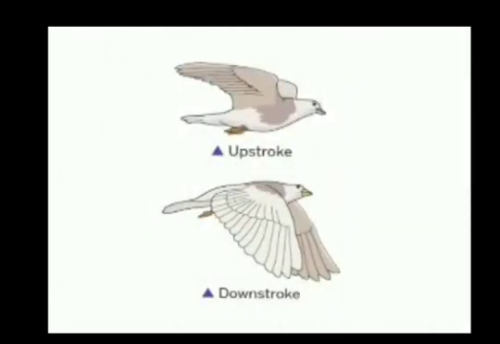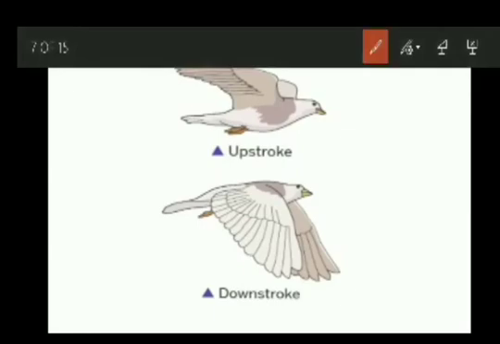Okay, now let's come to this. See here, upstroke. Okay, when it is an upstroke, the wings are moving in the upward direction as well as the backward direction, right? When the bird flaps its wings downwards, they are moving downwards as well as a little forward.